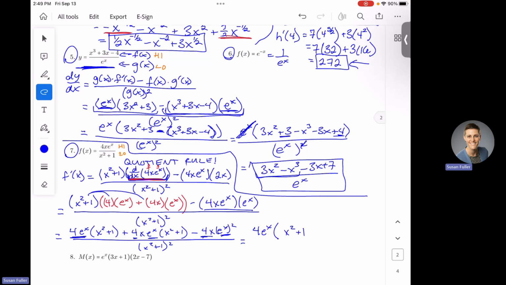If I took it out of the front part, I would have x squared plus 1, and then I would add to that what I get when I take it out of the middle. If I take the 4 and the e to the x out of this middle term, I'm going to have x times x squared plus 1 left. Minus, if I take the 4 and an e to the x out, I have x e to the x left over there. And this is all going to be over x squared plus 1 squared.